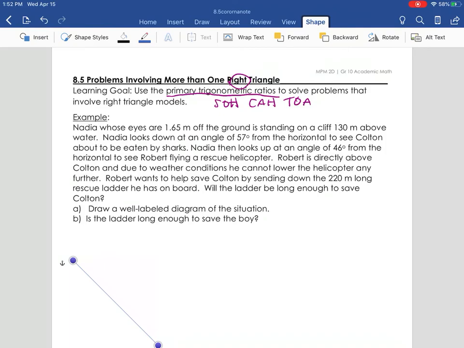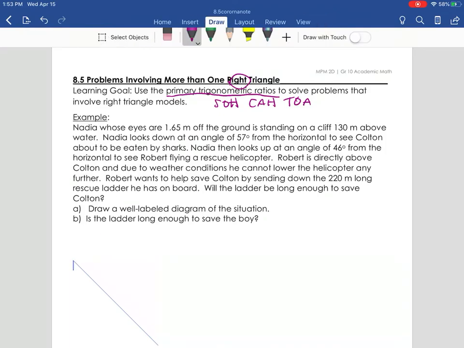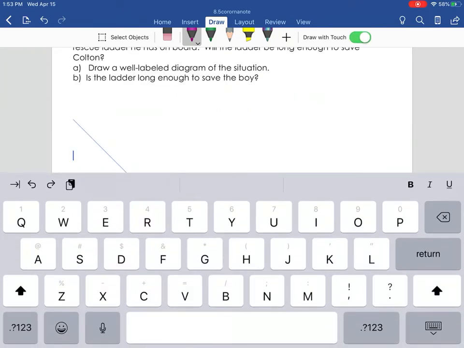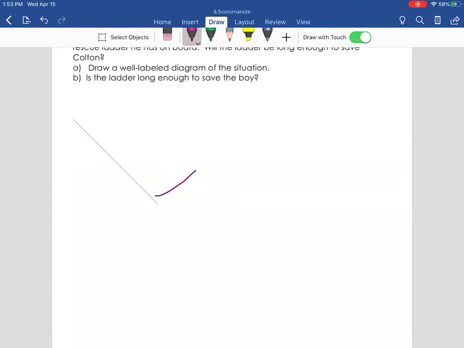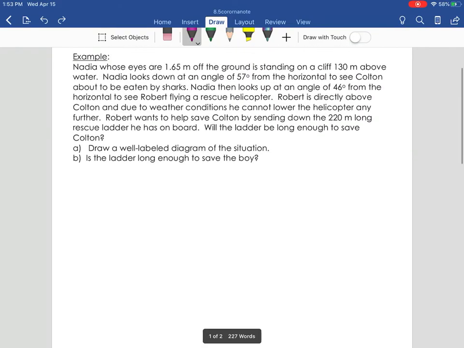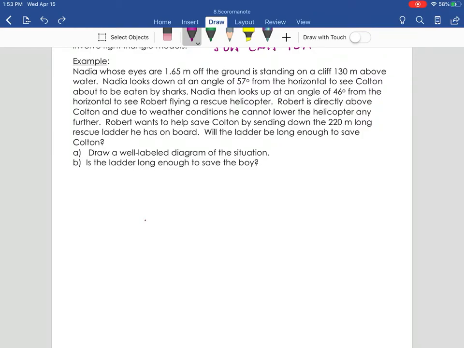All right, so I'm just going to draw the straightest line I possibly can. I did not do a good job, but that is the horizontal.